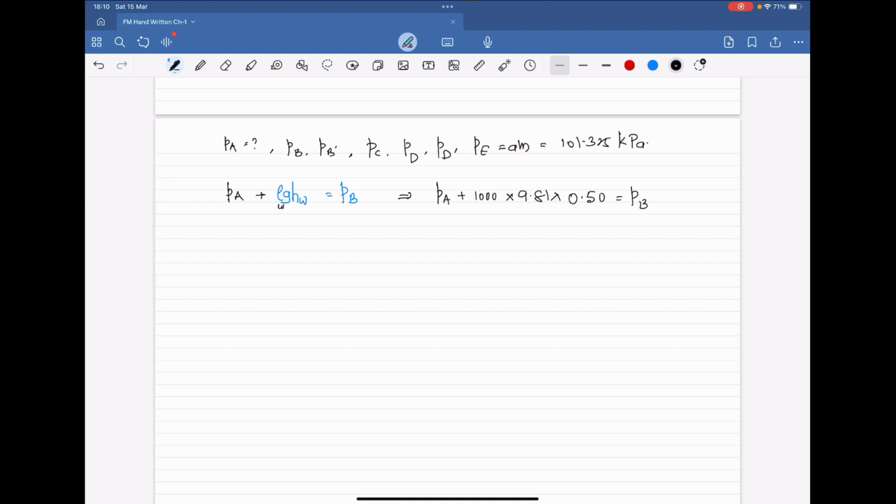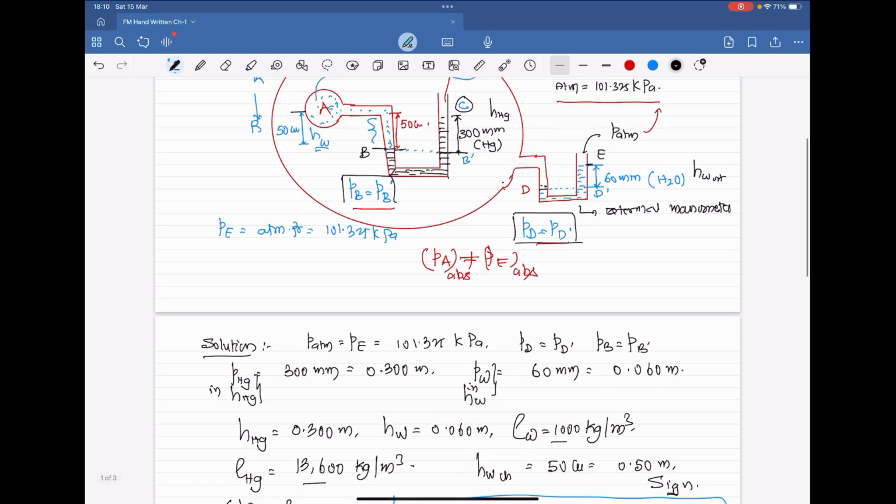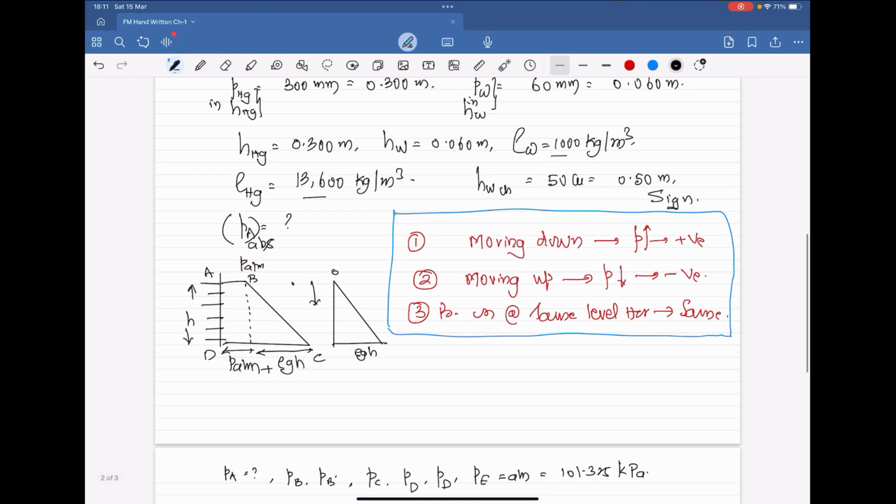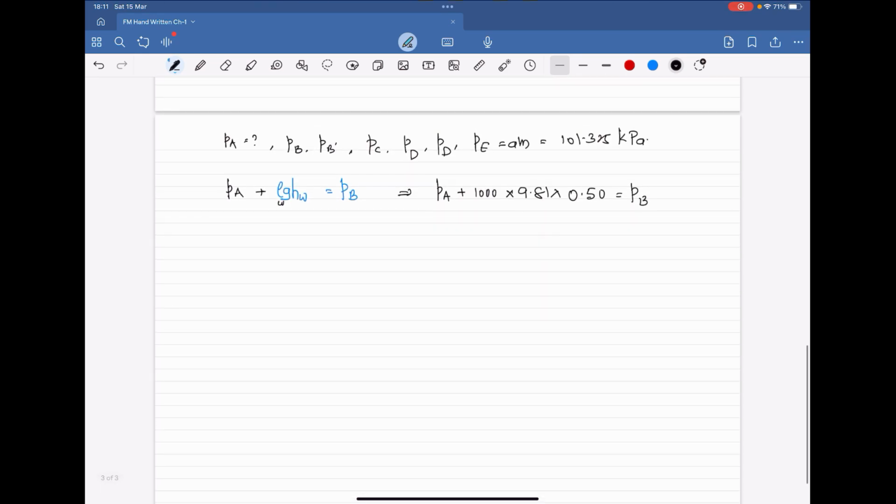While moving, whenever we are moving down, we put the plus. Whenever we are moving up, we put the sign as minus. This is one equation. Now from B, where we have to move, B and B dash are the same. That means PB is equal to PB dash.